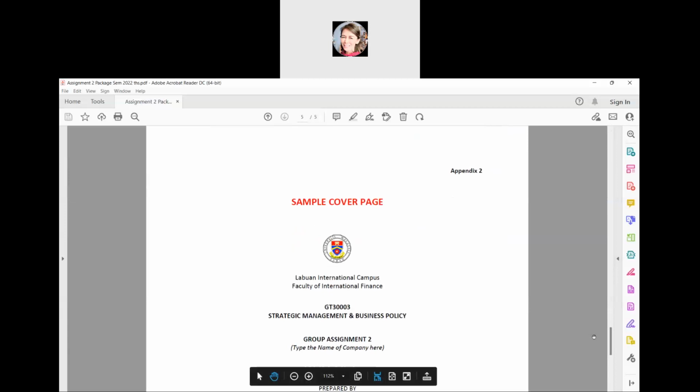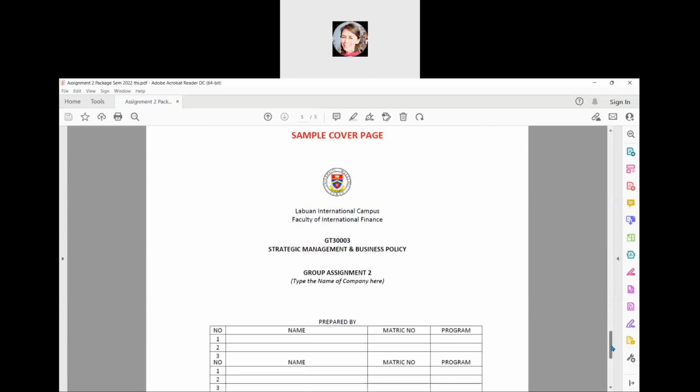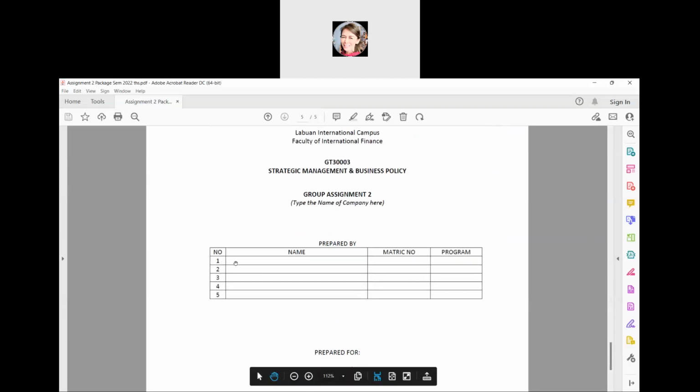The last page in here is the cover page. This is a sample cover page. What is required is your group members' names. You must list all your group members in here, the names according to your matrix number, as usual.